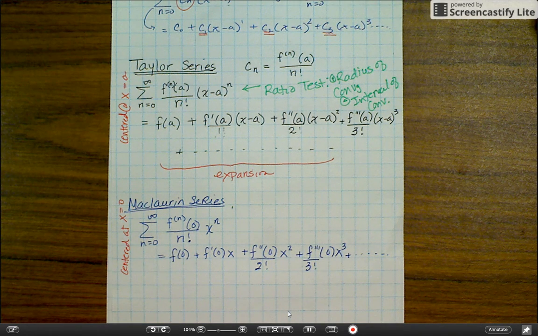Okay, that is the Taylor series, and that is the Maclaurin series. And then you can use a ratio test to find the radius of convergence. All right, let's stop there.